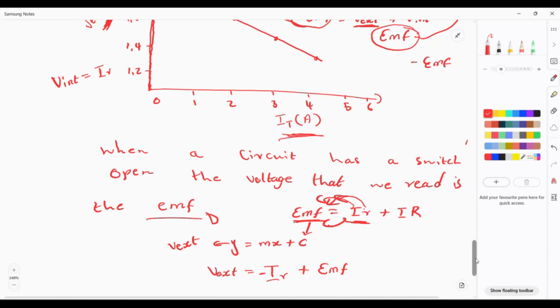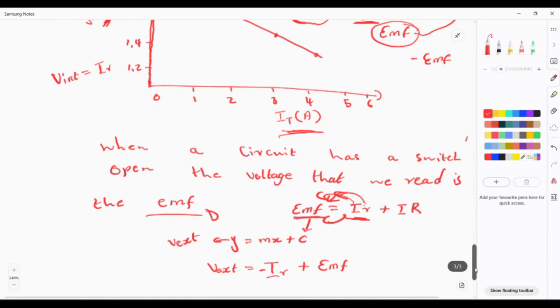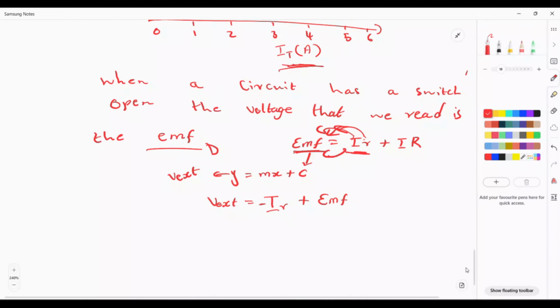Now here's my equation. Look at the equation now. What I simply did in this case was take IR to the other side, and I'm left with V external on one side only. So your equation is going to be something like this.